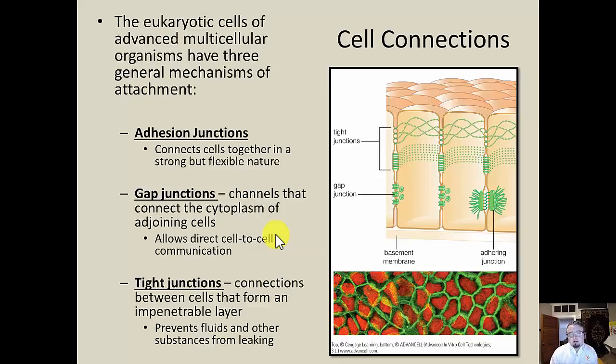This allows the cells in the stomach lining to be so tightly wound together that your stomach acid can't easily leak out into the rest of your body. So tight junctions form a very tight waterproof layer between two cells, like in your stomach to keep the stomach acid from leaking out.